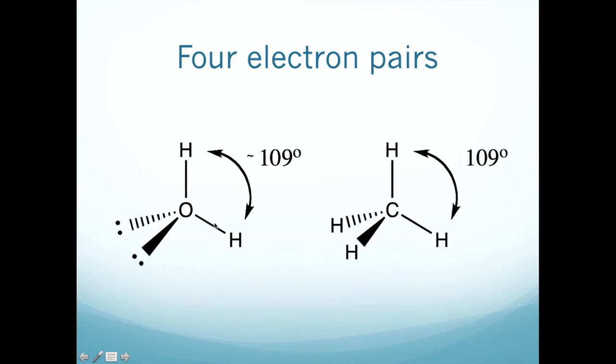This is not going to be linear because of these lone pairs. These lone pairs are going to push these atoms closer together, bending the molecule. So that's something to keep in mind when it comes to the shapes of molecules that have lone pairs on that central atom. You want to also consider what that repulsion with those lone pairs is going to do.